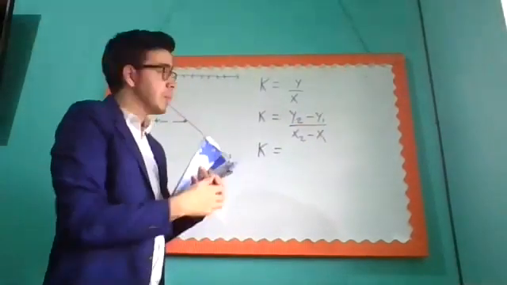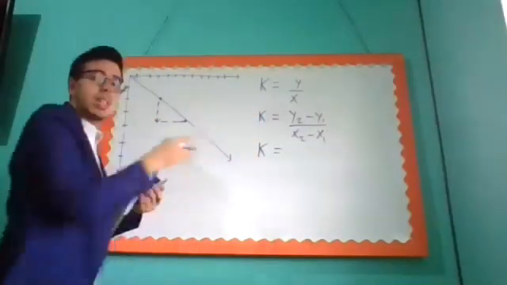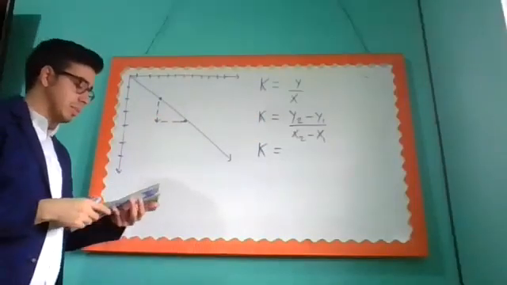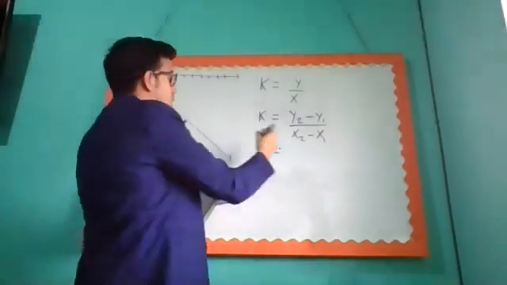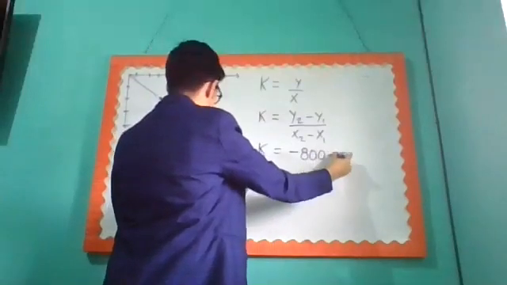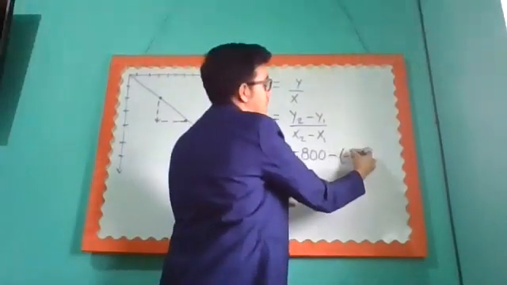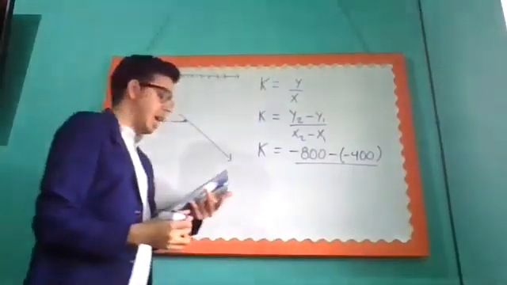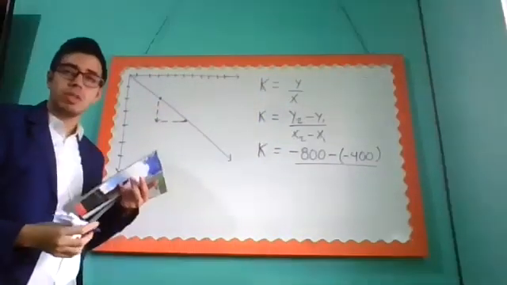Okay, only for that. But you are going to do the same, you subtract the points of the Y and in the X. So you have negative 800 for the Y minus negative 400, divided by the values of the X that you have, 10 minus 5.